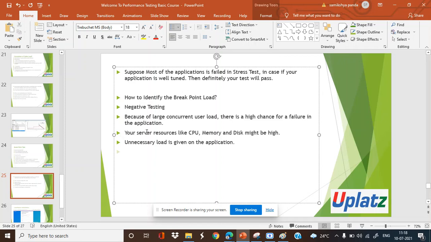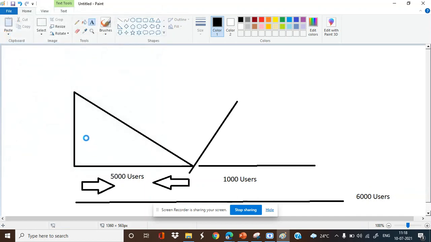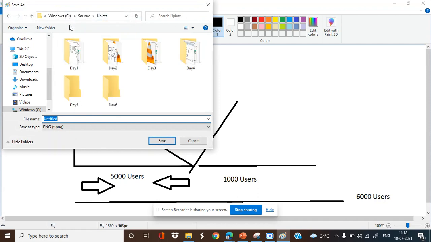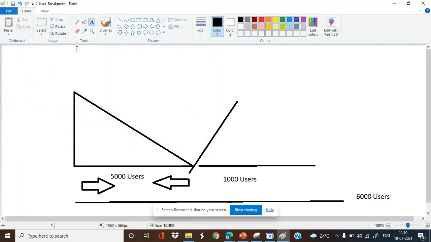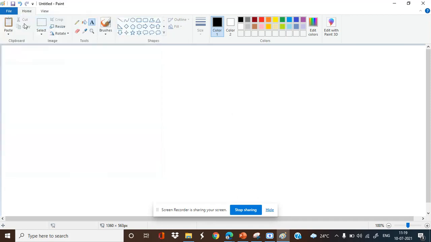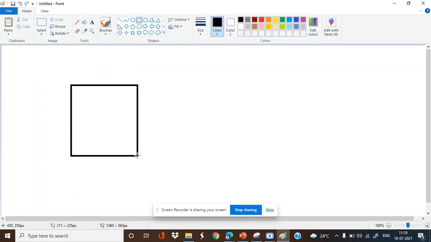Let's take a bucket, and you start filling water.